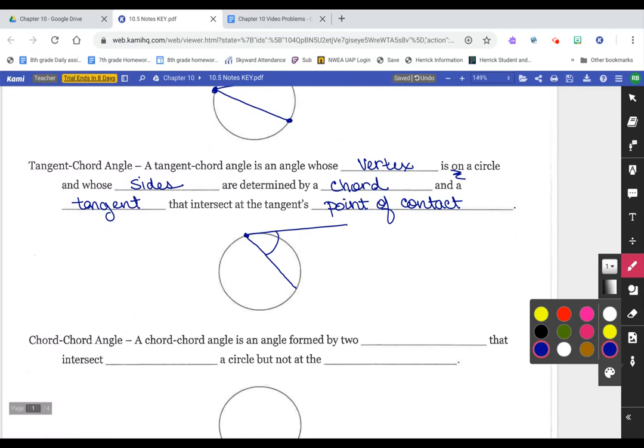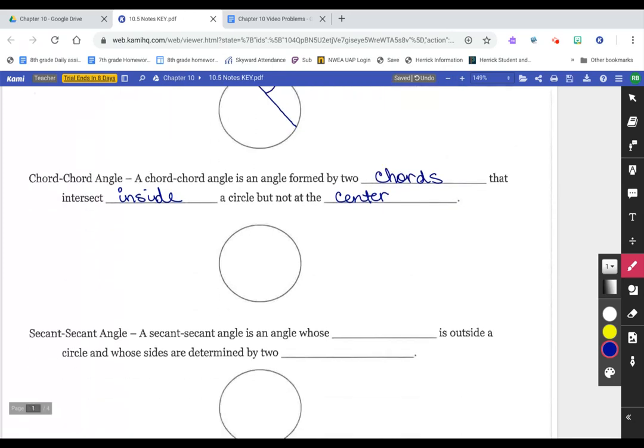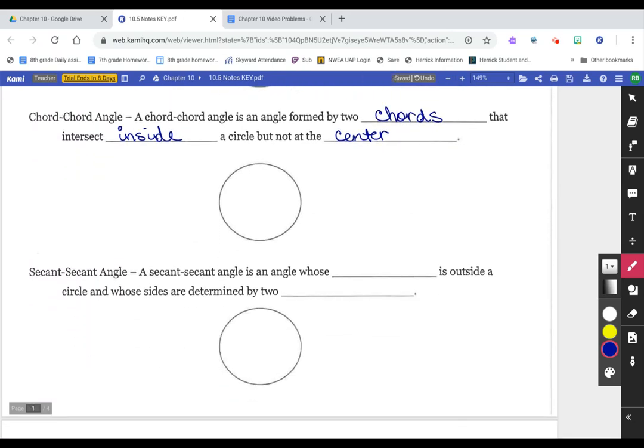All right, next we have a chord-chord angle. A chord-chord angle is an angle formed by two chords that intersect inside a circle, but not at the center. So I realize that an inscribed angle, you're like, well, that's made of two chords, but this time they're going to cross each other, the chords.